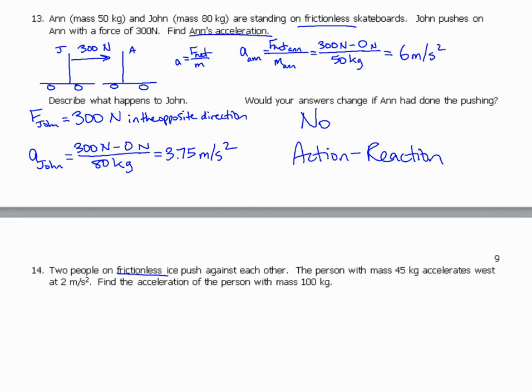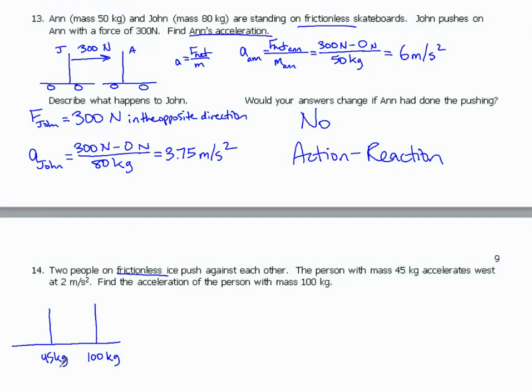So again, let's draw a picture. It's always going to be helpful for us to draw a picture. So here's my frictionless ice. So some physics pictures here. Here is a person that is mass 100 kilograms. Here is a person that is mass 45 kilograms.